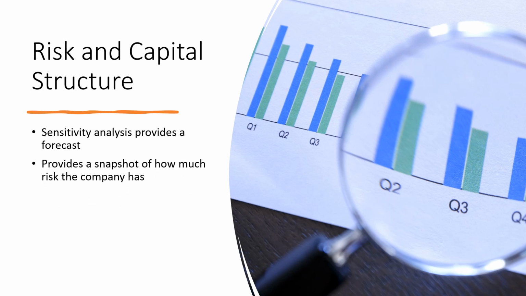It provides a snapshot of how much risk the company has. So you're going to take a look and see, based on your equity to liability ratio, how much risk your company has, and this is going to help determine whether or not you can attract more investors, or invest and manage your cash flows to invest in projects for future gains.